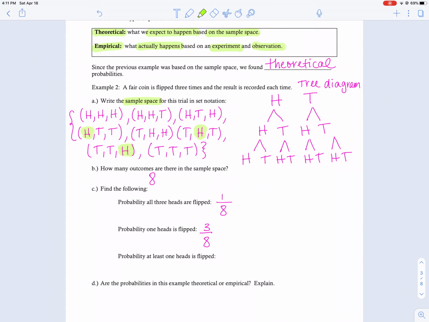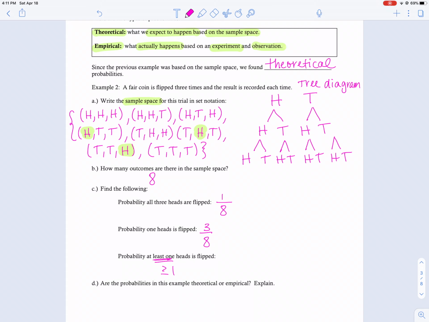Okay? What is the probability at least 1 head is flipped? Okay, so that's a good one. At least 1. That means greater than or equal to 1. So that means it could be 1, it could be 2, or it could be 3. That means the only time that there's no heads flipped is tails, tails, tails.